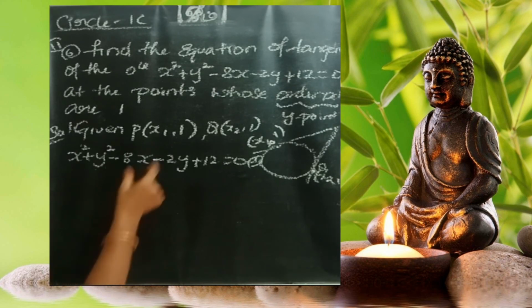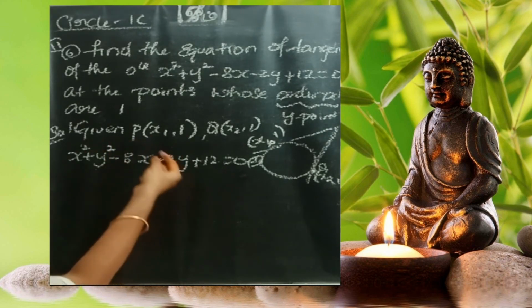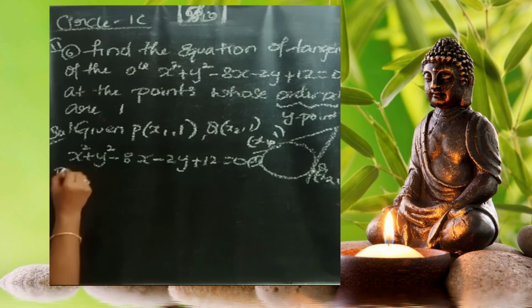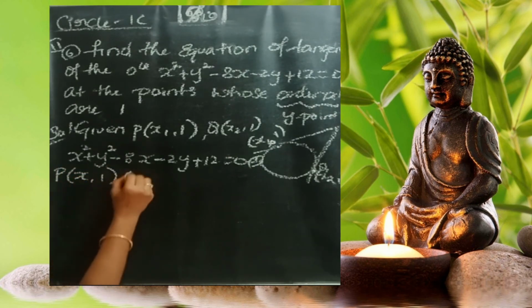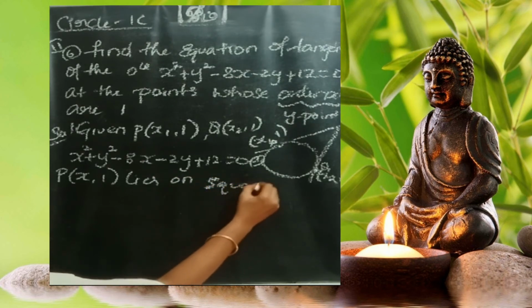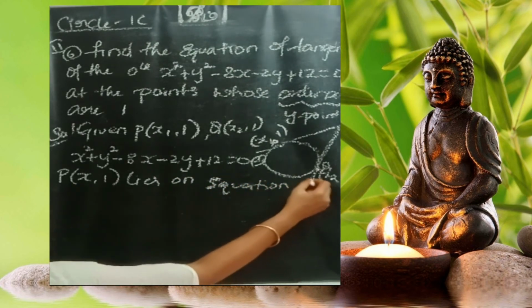Now substitute the point here. Whether it is x1 or x2, if you substitute the x point, the equation will be the same. Now substitute P, the point x1 comma 1, which lies on equation 1.